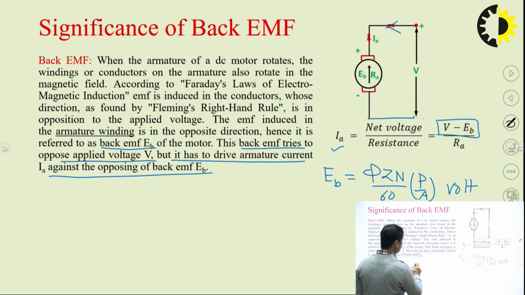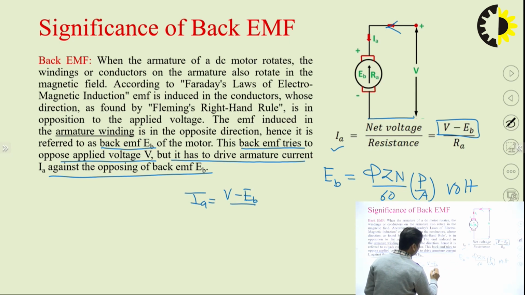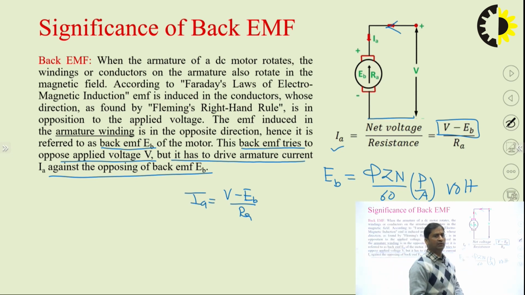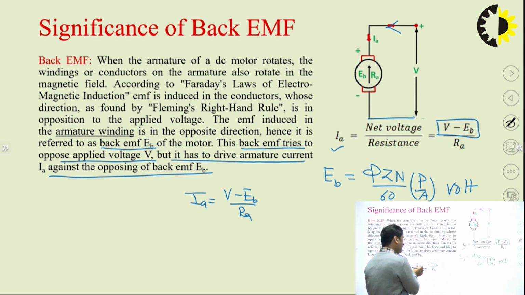Since armature current is equal to how much? This IA is equal to V minus EB upon RA. So RA is constant here, and applied voltage is also constant. This means the IA depends on the value of EB, that is the back EMF.